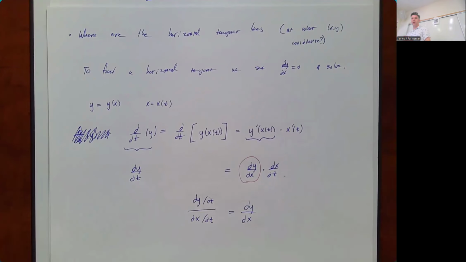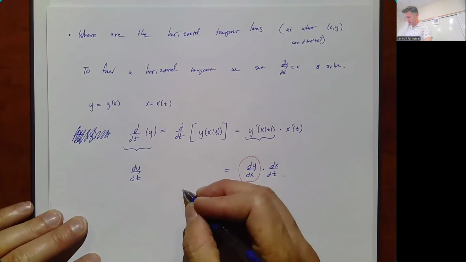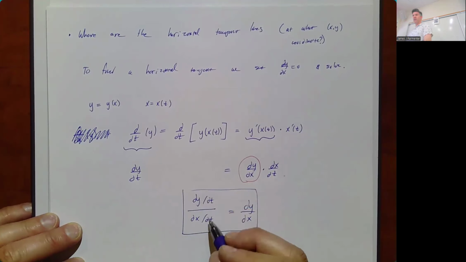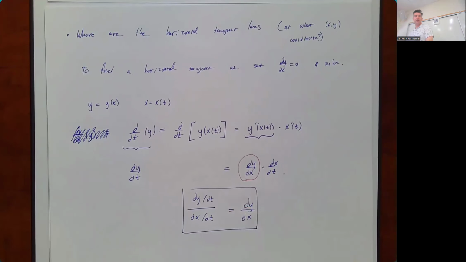And although it's not really true, it certainly looks like you could just cancel the dt's and have dy dx equal to dy dx. Again, not a really true thing, but it looks nice and makes it easy to remember this equation. Dy dt over dx dt is just equal to dy dx. So if we want to find dy dx, we're going to find dy dt and dx dt.